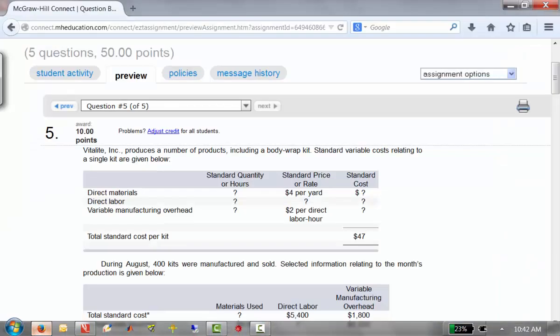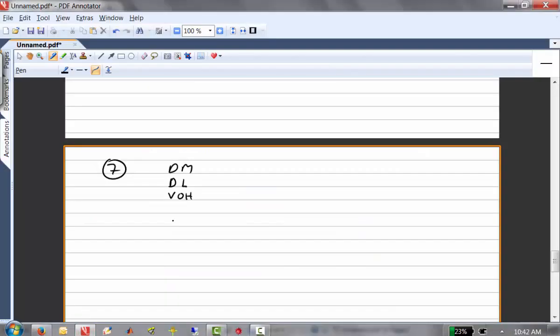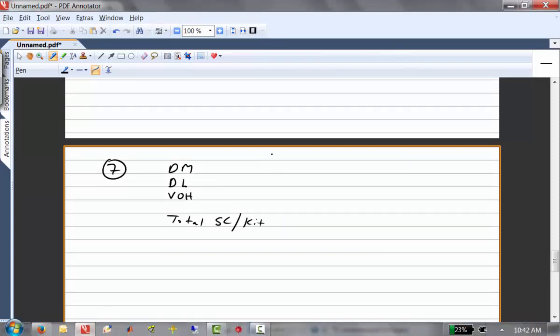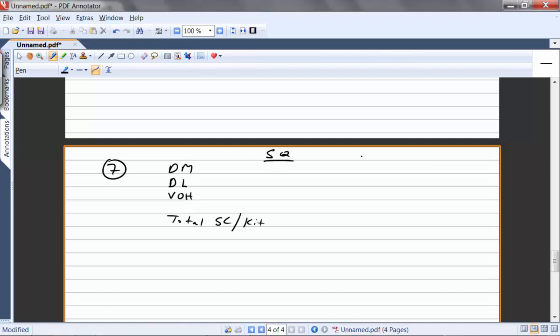And then we have total. Then we have a column for standard quantity and a column for standard rate, basically. And then we have a total column, or a standard cost column. This is for one body wrap kit.